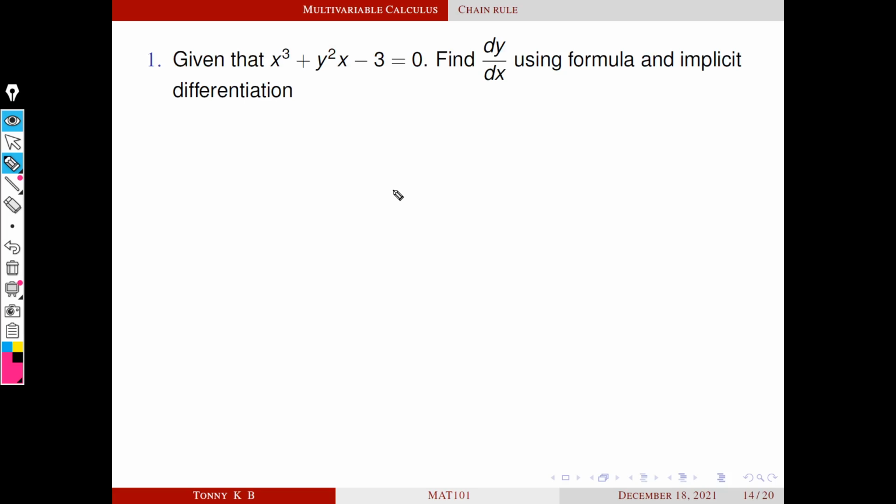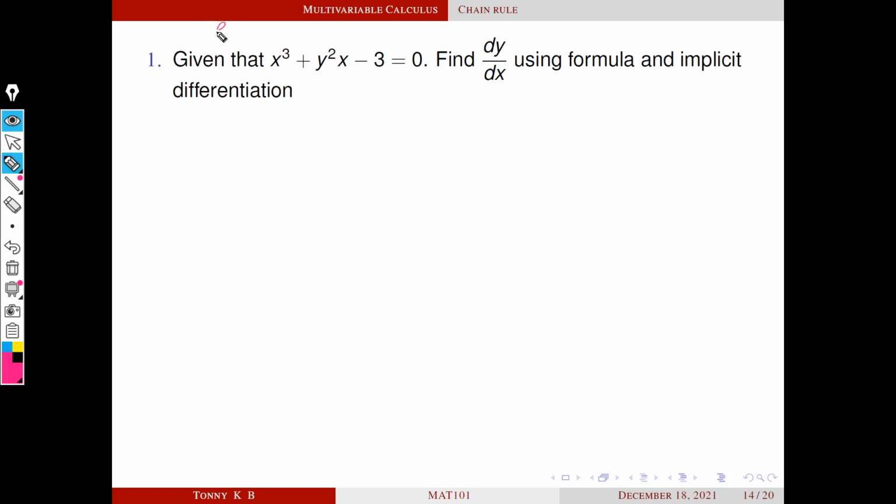For example, consider x cube plus y square x minus 3 equal to 0. We have to find dy/dx using the formula and implicit differentiation. This is only for the verification of this formula, right? Anyway, first we have to use that formula. What is the formula for dy/dx? What is our function?